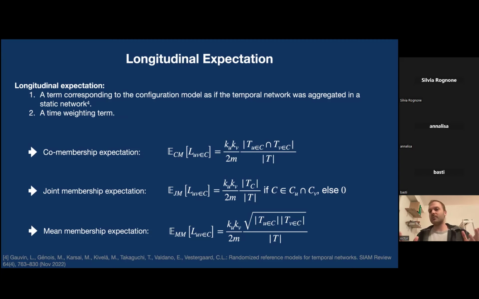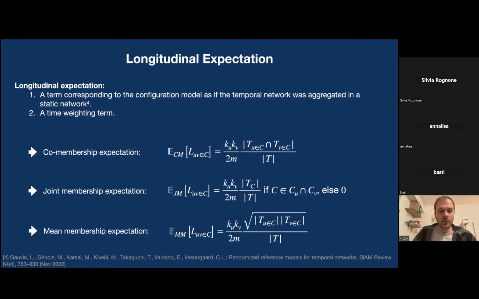But it can seem a bit restrictive to conceive temporal communities like that. So we propose a third expectation, based on the geometric mean of the two node durations inside the community. And it is a compromise between the two others.